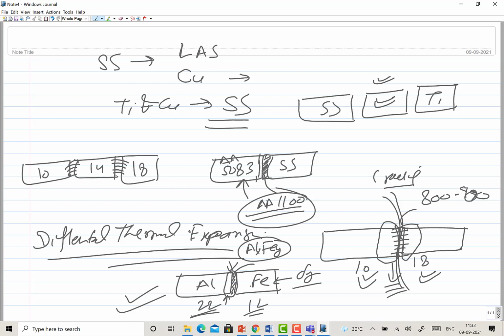The extent of difference in thermal expansion coefficient, the effect of differential thermal expansion, will be reduced whenever this is done. So either you bring in a third metal or you use interlayers in between in order to reduce the incompatibility in terms of thermal expansion coefficient.